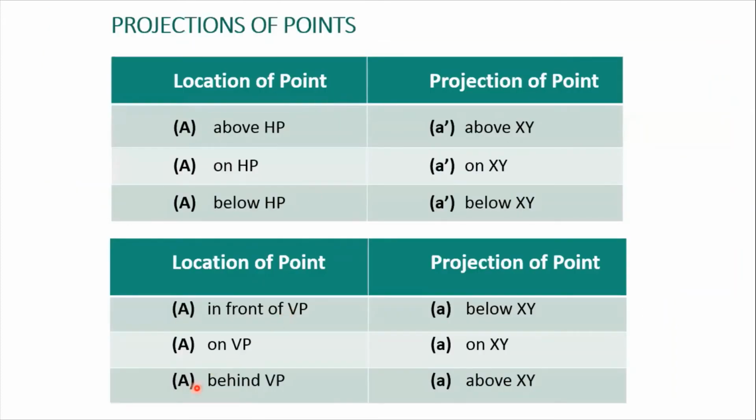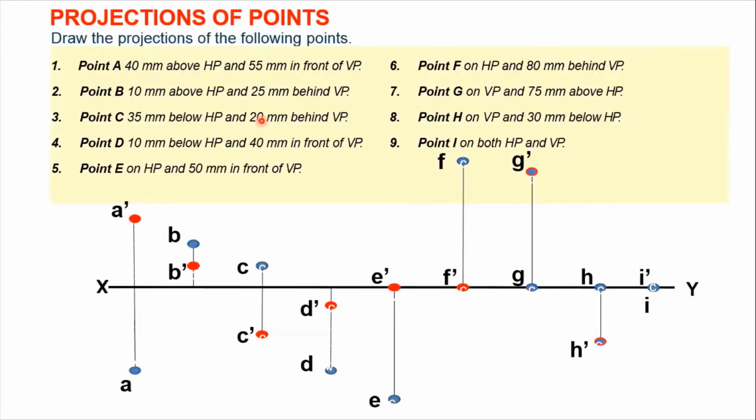So if your point is behind VP, you will be plotting this point without any dash above your XY line. So let us plot this point, which is 25 mm behind VP. That means your answer would be 25 mm above your XY line. So we have plotted this point, which is the blue point, which is nothing but your point without dash. In this case, our point is B, so we have used B in this case. So this is your B and B dash.